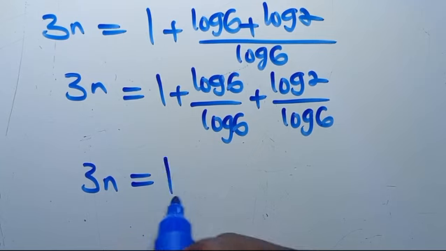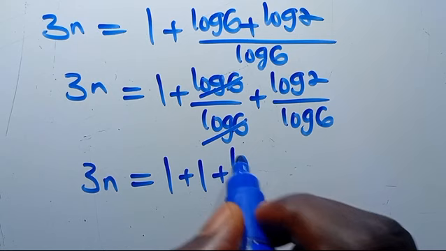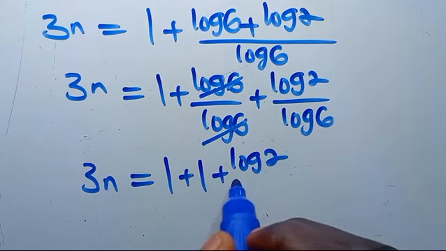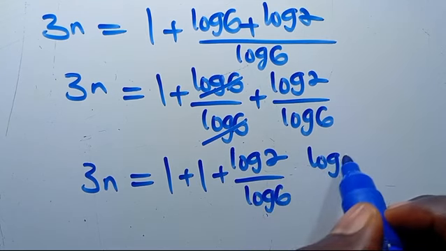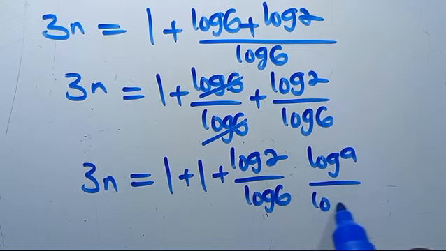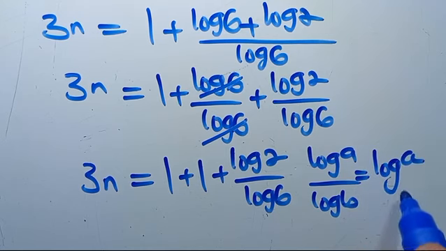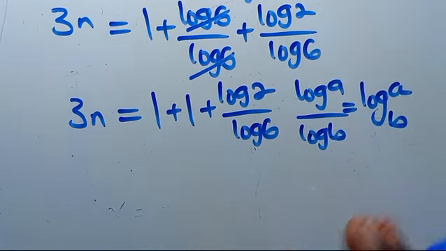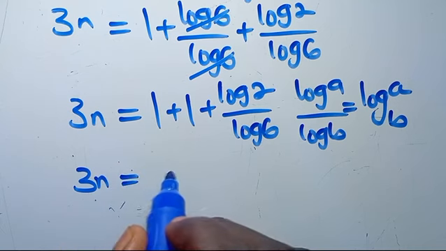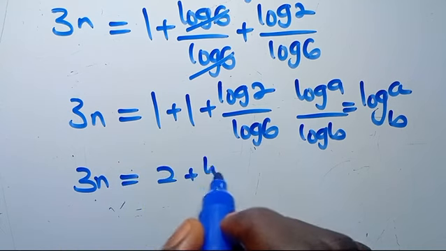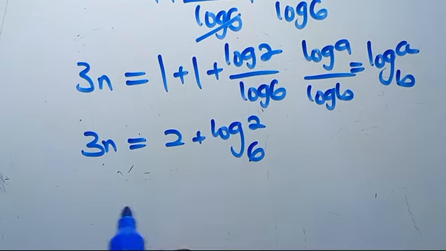So 3n equals 1 plus log 6 divided by log 6 will be 1, log 2 over log 6. Then when we have log a over log b equals log a base b, 3n equals 2 plus log 2 in base 6.